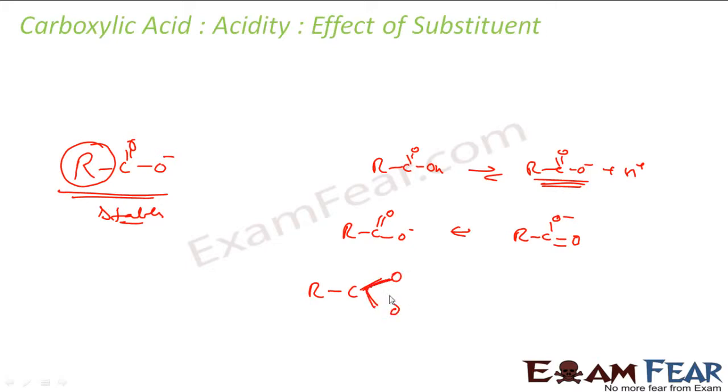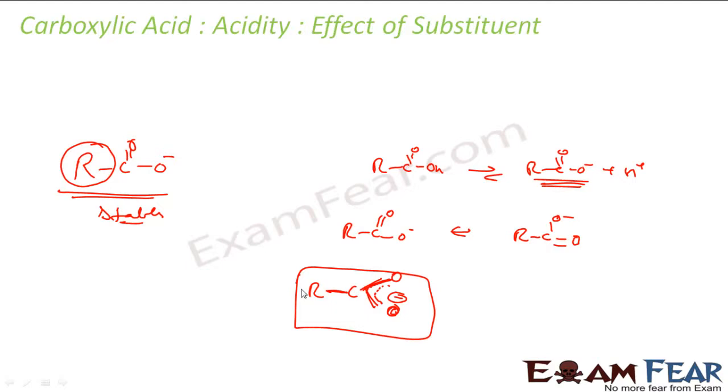Right, this is 1 and this is a partial negative charge here. Correct, this is the structure. Now, if there is a group which withdraws electrons, that will increase the acidic strength. Correct. And the one which gives electrons will decrease the acidic strength.